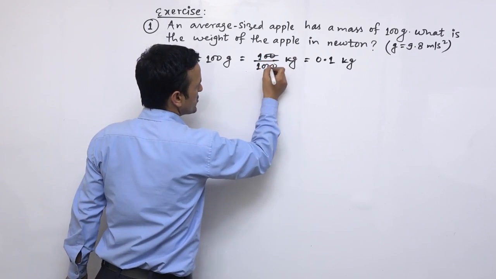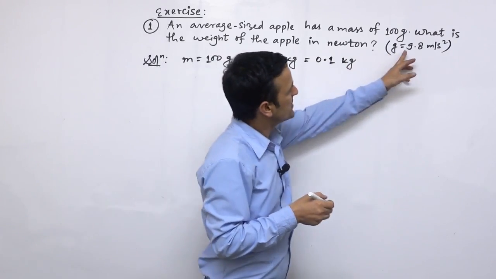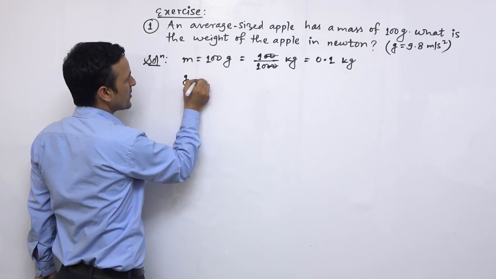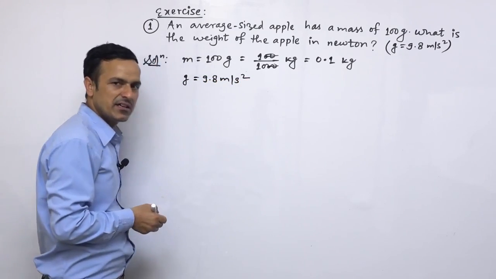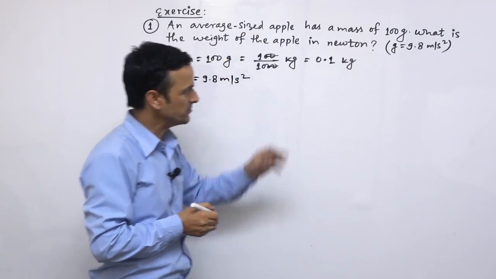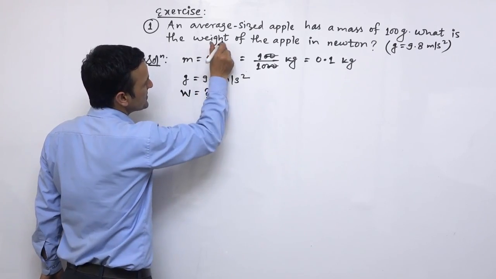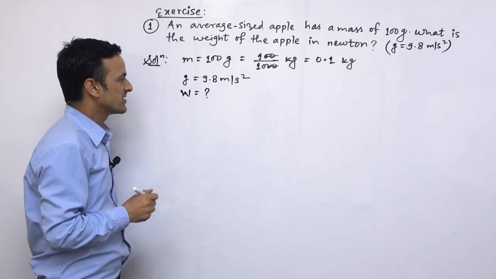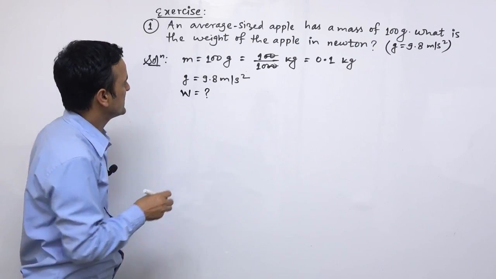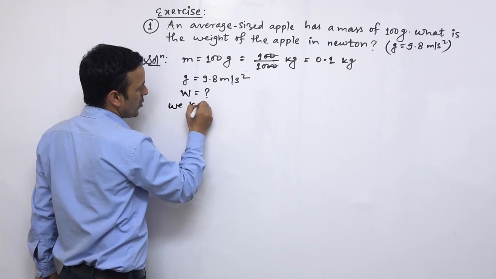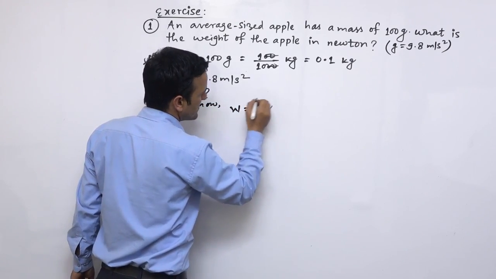Two zeros and two zeros cancel, 1 by 10 is 0.1. Another, the value of g is also 9.8 meter per second square. It is also provided information from the question. And we have to find the weight of that apple. We know by formula weight is equal to m times g.